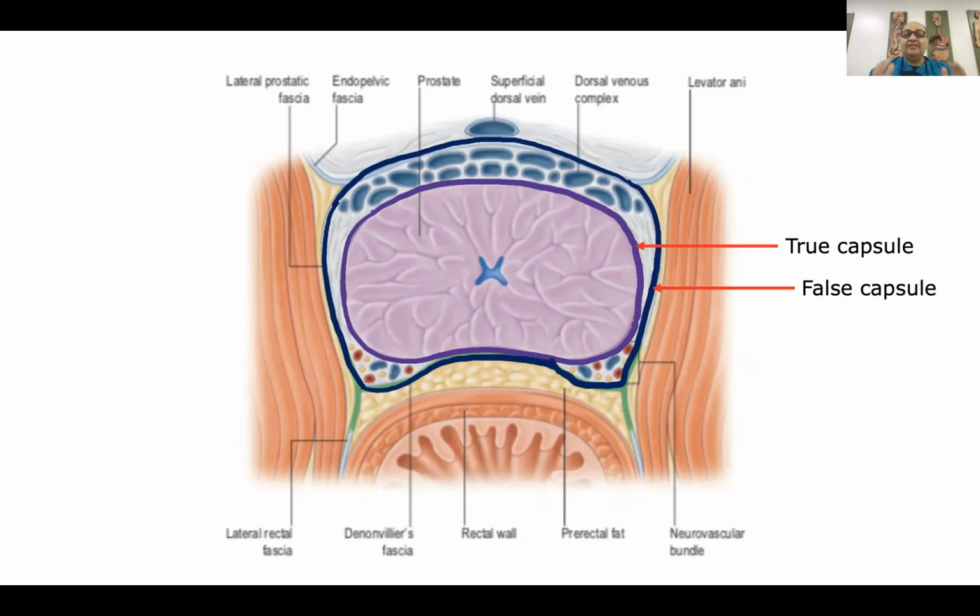So the prostate gland is surrounded by two dense fibrous layers. One adheres to the parenchyma of this gland, and one is just apart, and in between I have abundant venous plexuses that surround it. Are we good so far?